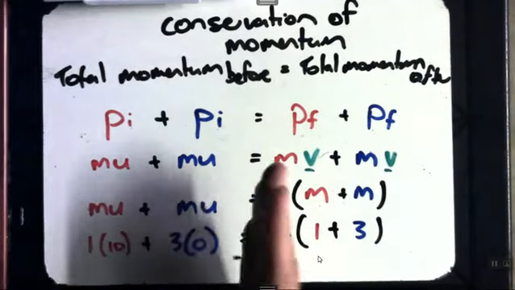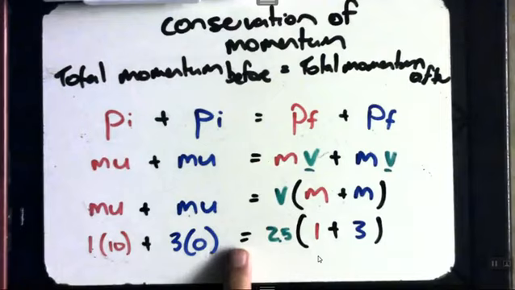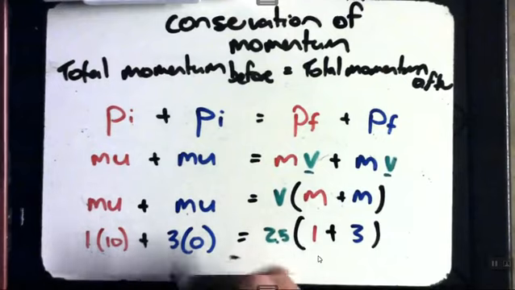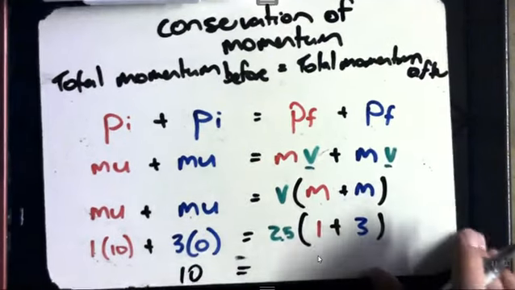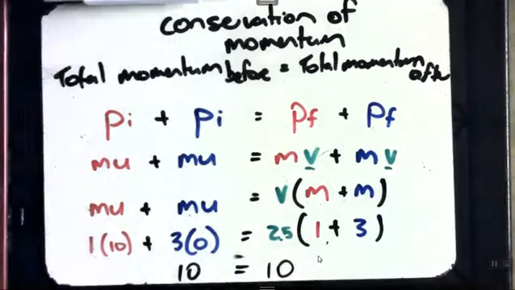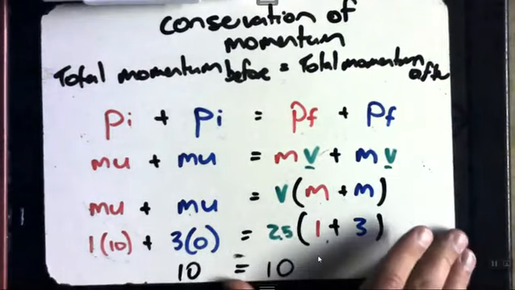So let's see if the conservation still applies. If the left and the right equal the same thing, we get 10 plus 0 is 10. We get 4 times 2.5 is 10. And momentum has been conserved.